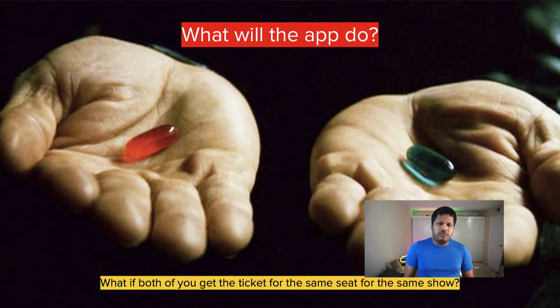Now, what if both of you get the same ticket for the same show? What if the application honors both the requests? Then in real life, you and the other person may walk into the theater and try to sit on the same seat. It can cause issues.